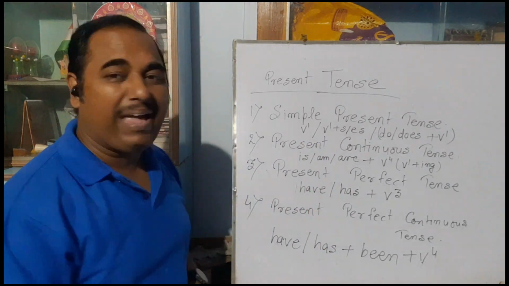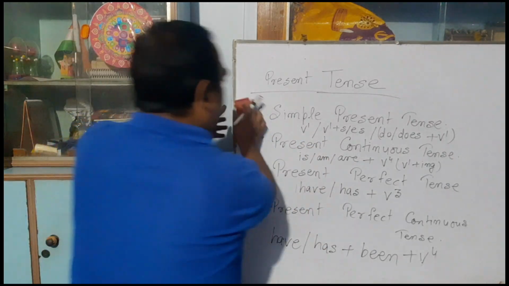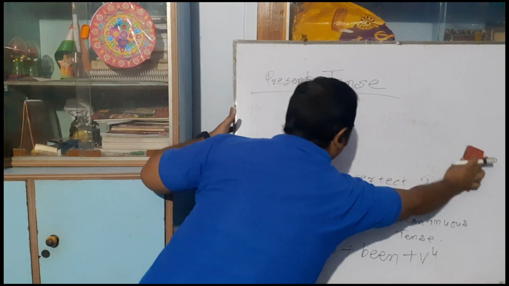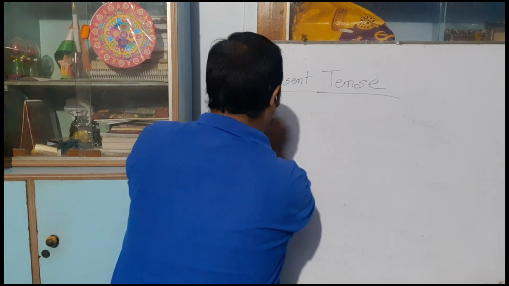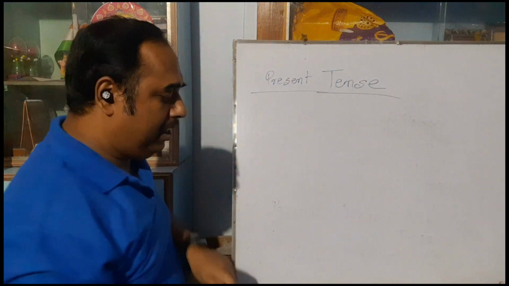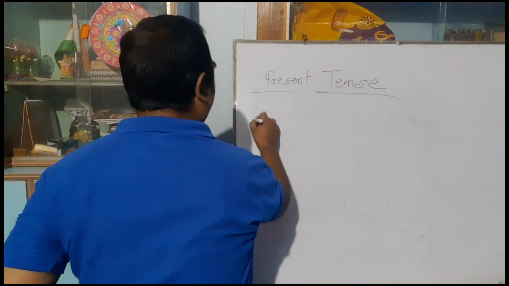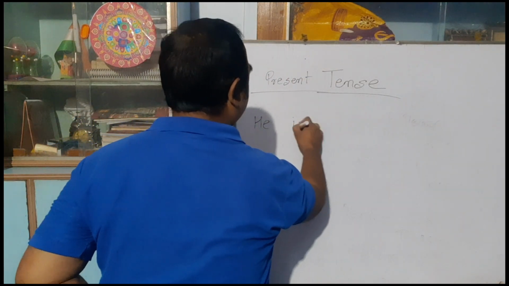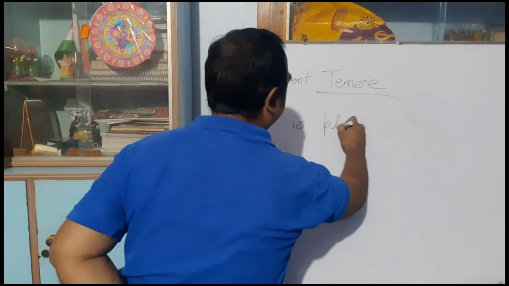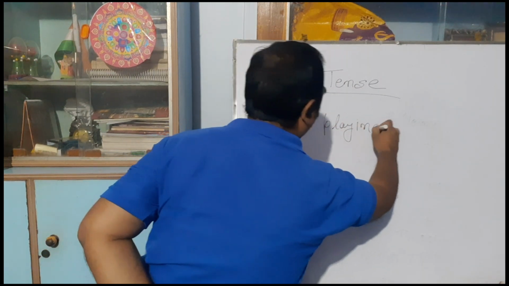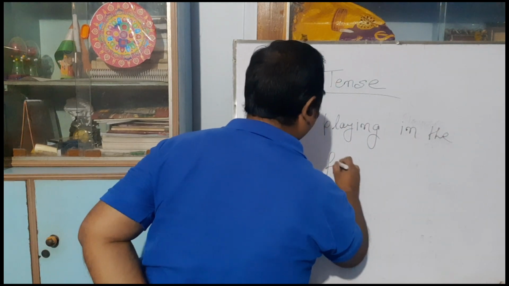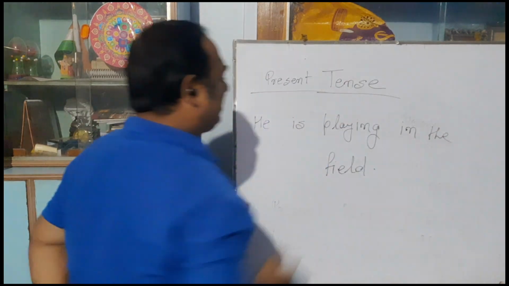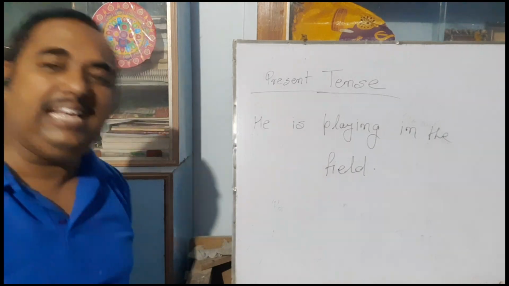Now, let's see some examples of these tenses. See some example, like if I write, he is playing in the field. Now you have to understand which tense this is of.